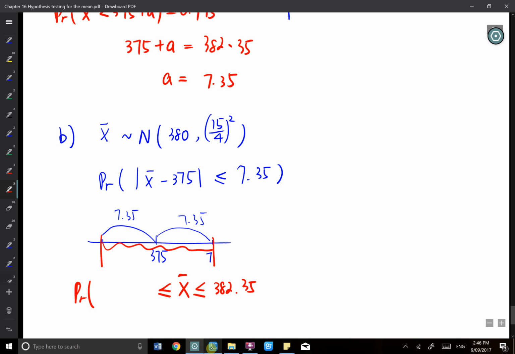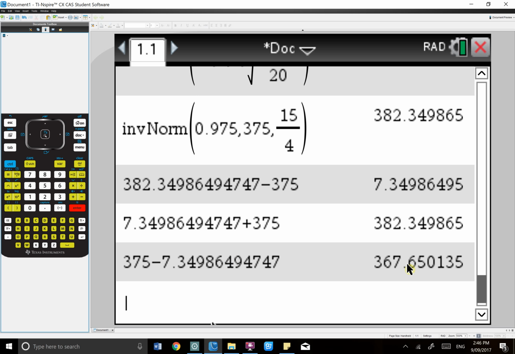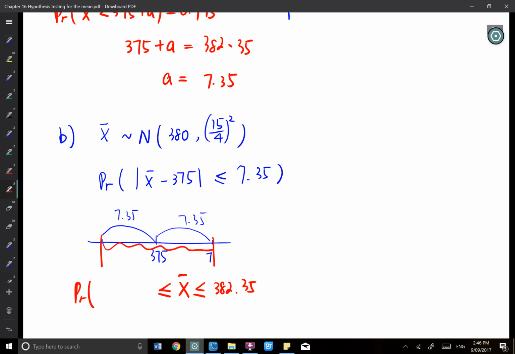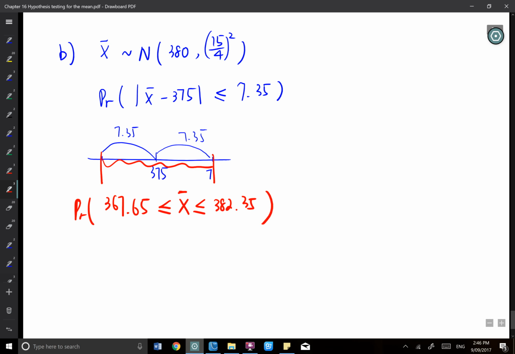The lower bound will be 375 minus that, which is 367.65. Okay, it's that one. I'm looking for the probability between those. Don't worry about the square root, just extend it and have a think about what's the meaning of it and give the actual value of that X.